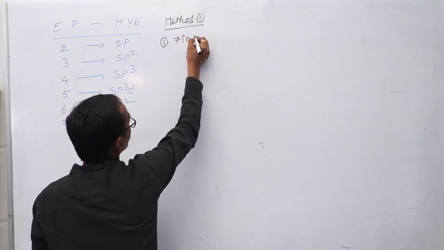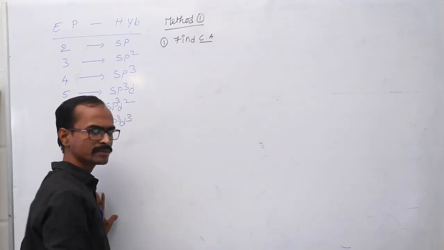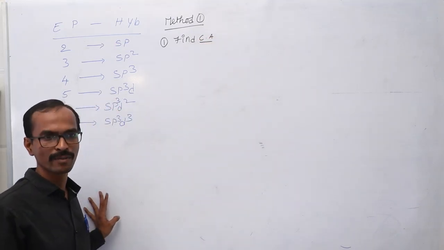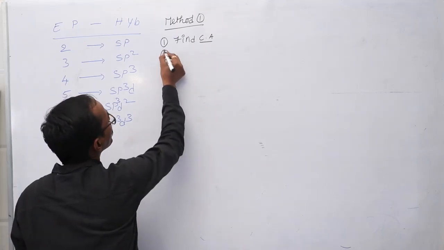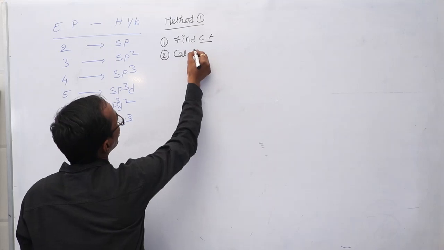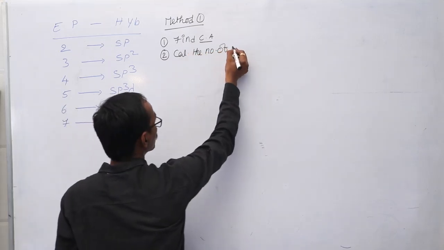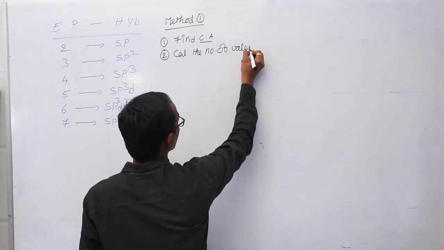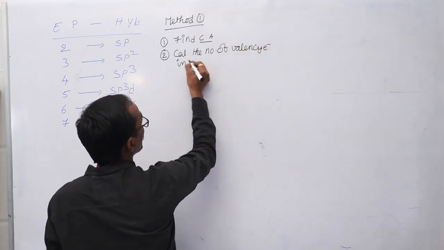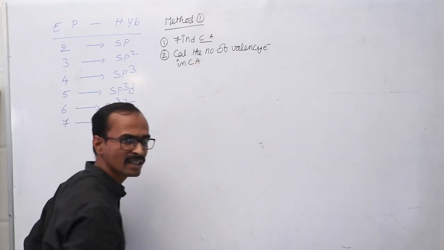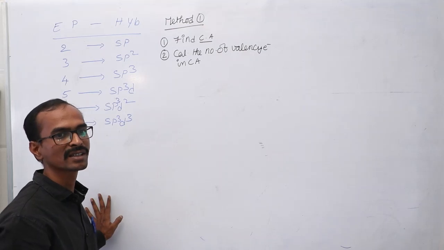That is the first and simple point. Second, you have to calculate the number of valency electrons in the central atom.